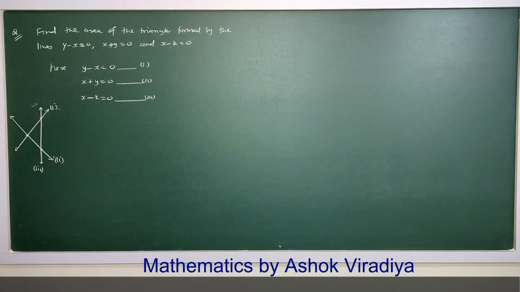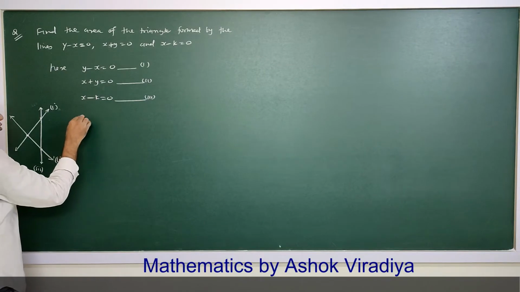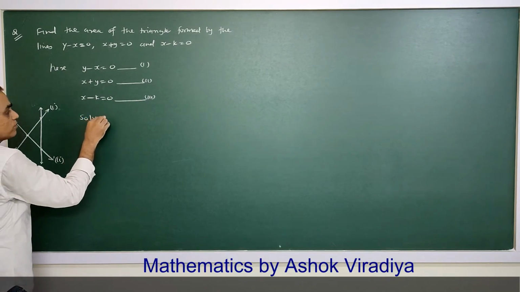So to find the vertices of the triangle, we solve these equations. So here first of all we solve 1 and 2.